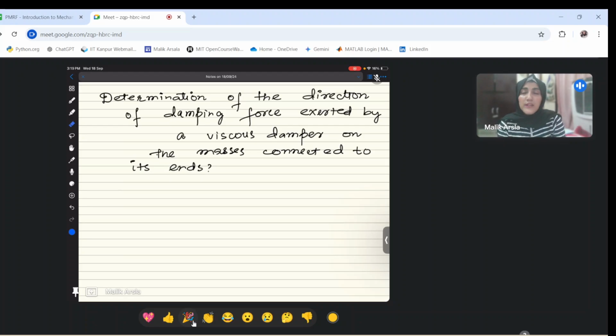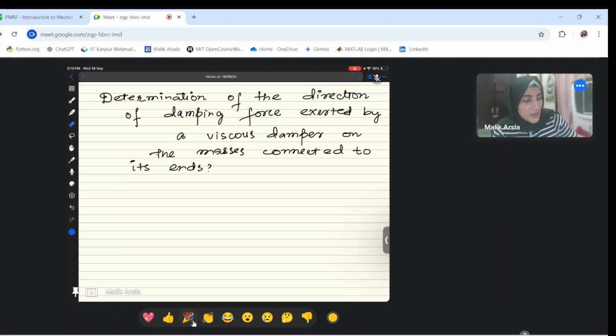So, how do we calculate the damping force, and how do we write the direction of the damping force? For that, I will consider two masses which are connected by a damper. In that, I will show how we determine the direction of the damping force.